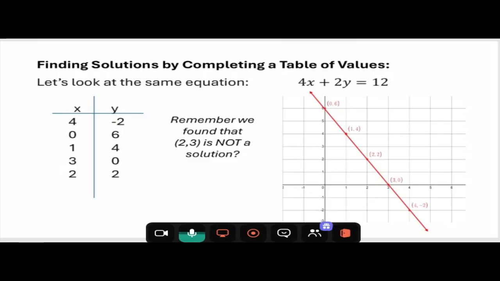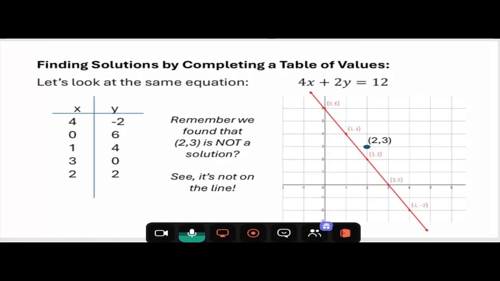Well, that means 2, 3 should not be on the graph. And sure enough, there it is, not on the graph, right? Any point that makes the equation a true statement is on that line. Any point that doesn't make the equation a true statement is not on that line. Every point on that line makes the equation true.